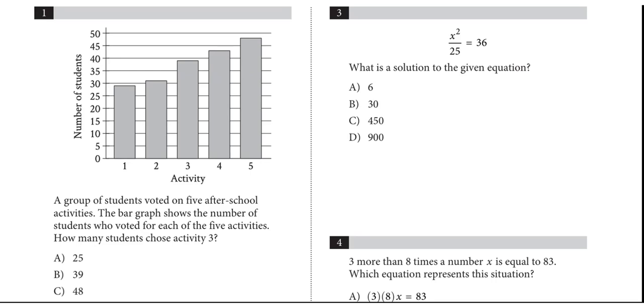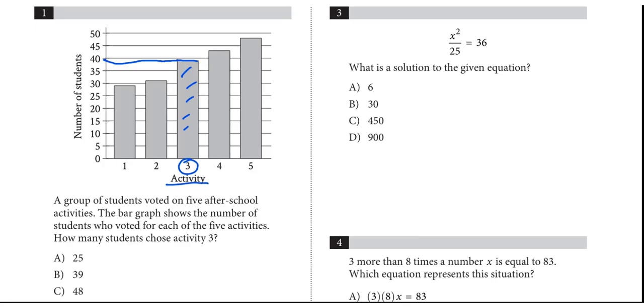So over here we have the activities, and this is activity 3. So looking at this bar, we can trace it down to this point. The height of this bar, which represents activity 3, is between 35 and 40.